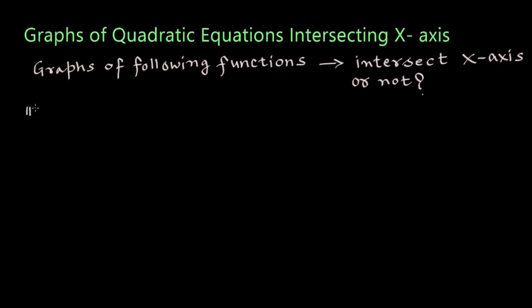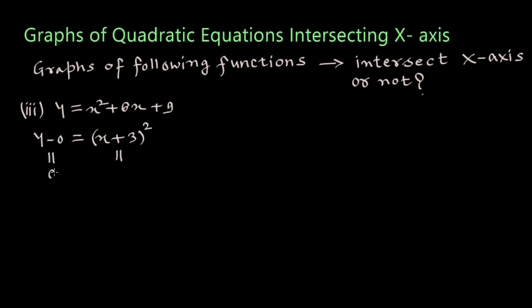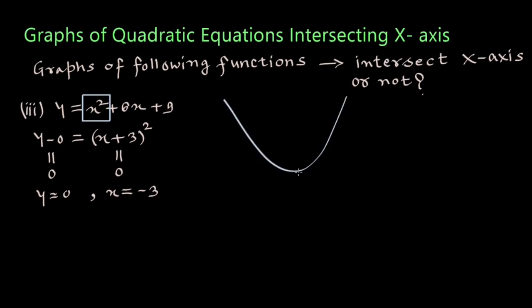And the third function is y equals x² + 6x + 9, which can be factorized as (x + 3)². So y − 0 equals (x + 3)². Equating both sides to 0, y equals 0 and x equals −3. The presence of the x² term specifies the shape of the graph, where the bottommost point will be (−3, 0), and the x-axis like this.